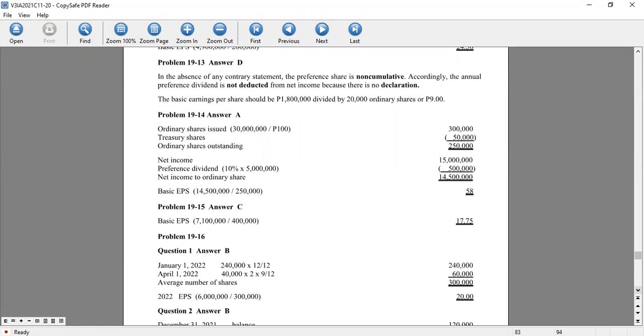April 1, we have 40,000 shares times 2 times 9 over 12. So the average number of shares is 300,000. Then the EPS equals 6 million divided by 300,000. The EPS is letter B.